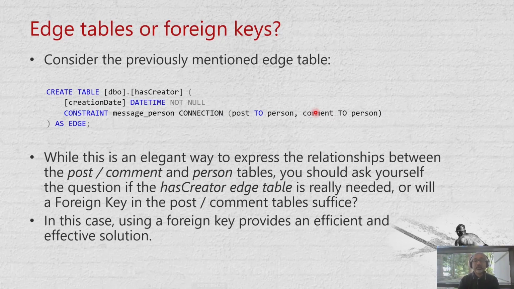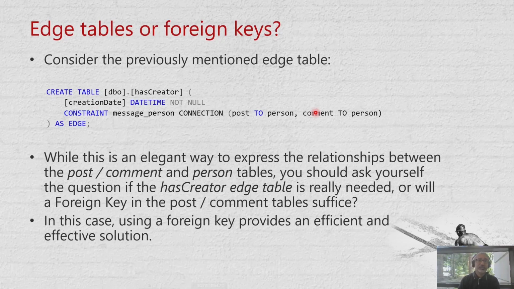So while you can always use the graph edge table like has creator to connect the post and the comment to a person to indicate ownership or creator status, it might sometimes be more efficient to just model this situation as a traditional foreign key.